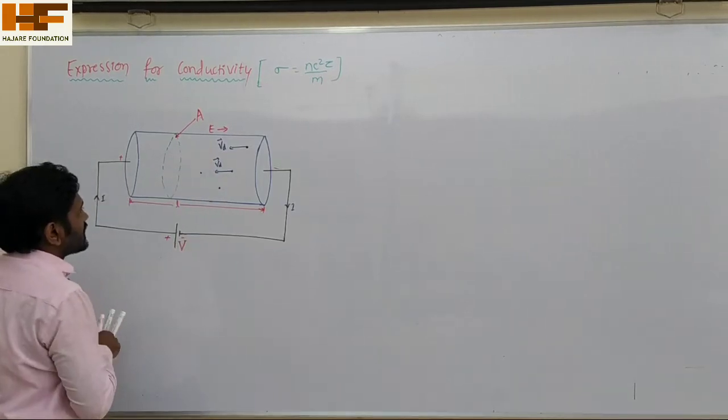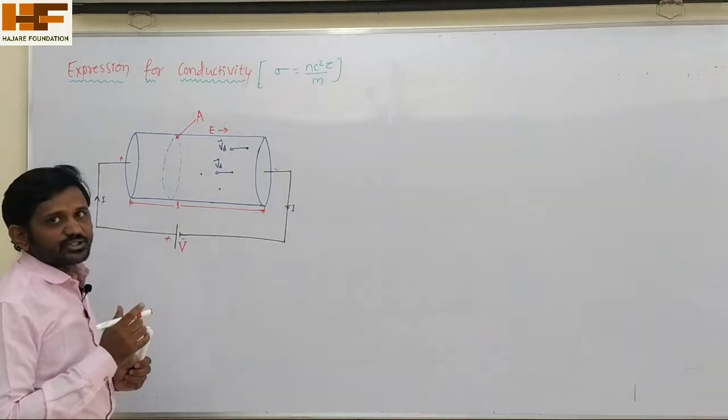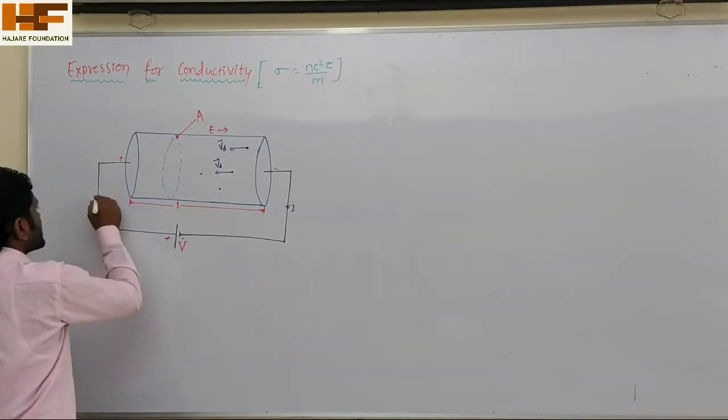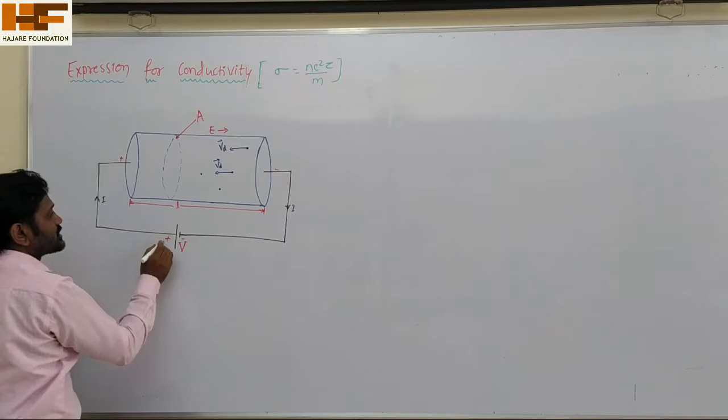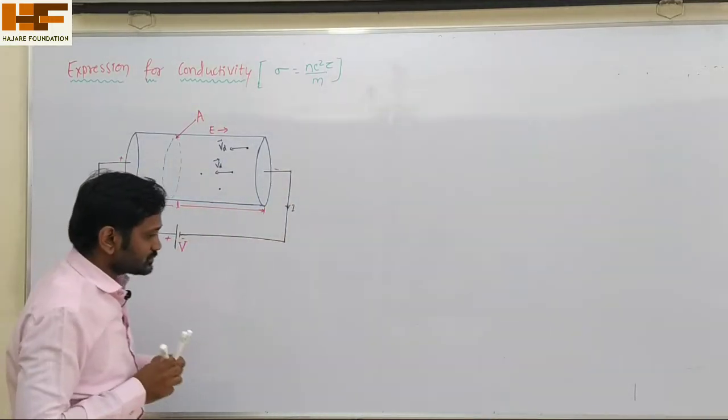When these electrons drift towards the positive end of the conductor, it constitutes the electric current I, in the direction of positive end of the battery to negative end of the battery.